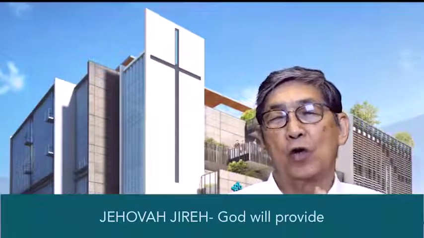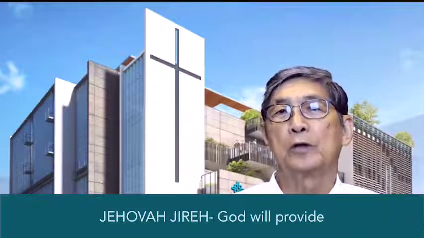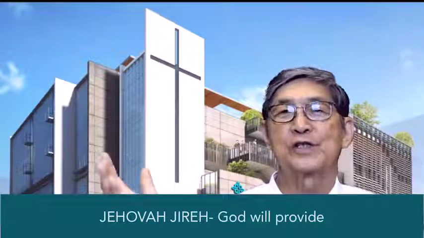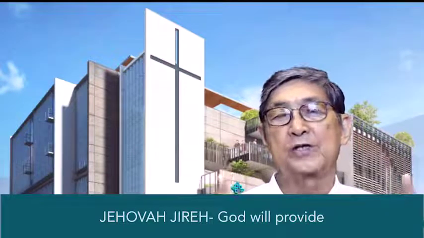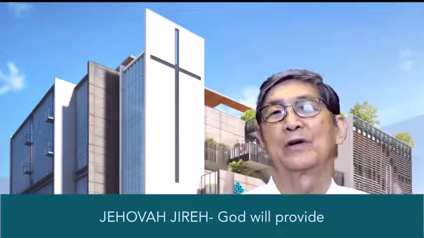And then he called the name of that place Jehovah Jireh, which means God will provide. We always hear the term Jehovah Jireh, God will provide. Do you realize it came from this occasion where God provided the most important thing of all, his only begotten Son, to be our lamb or ram for our sacrifice?